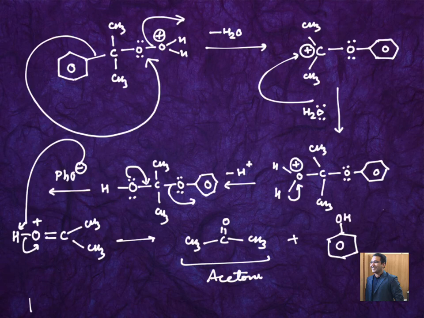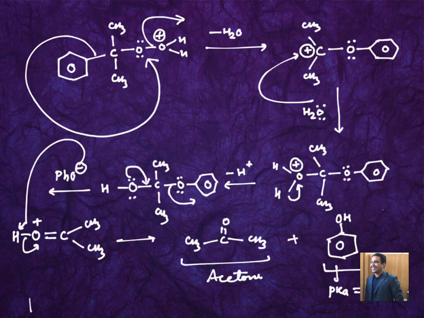Now let me ask one question here. What is the value of pKa of phenol? Or basically I'm asking, how can you compare this in terms of its acidity with water? So we compare water and phenol. The pKa value of phenol is close to the range of 9 to 10.